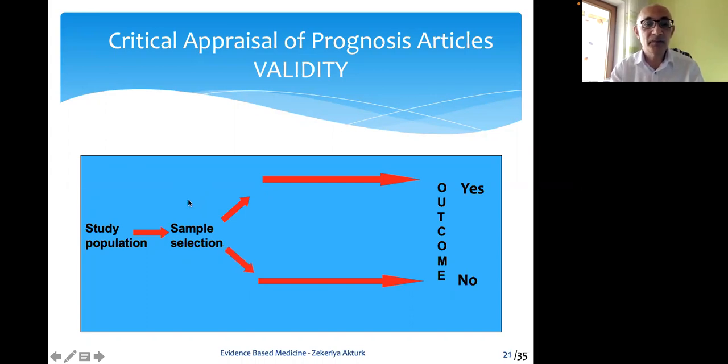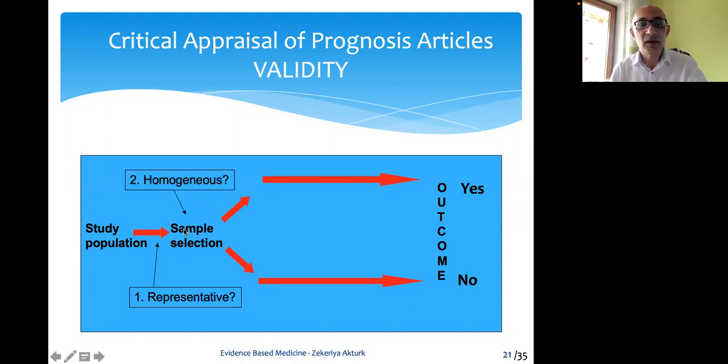And then you select your sample. The first point, as I said, is to check whether this sample is representative of the study population. If this is not the case, we lose some of our validity, of course.